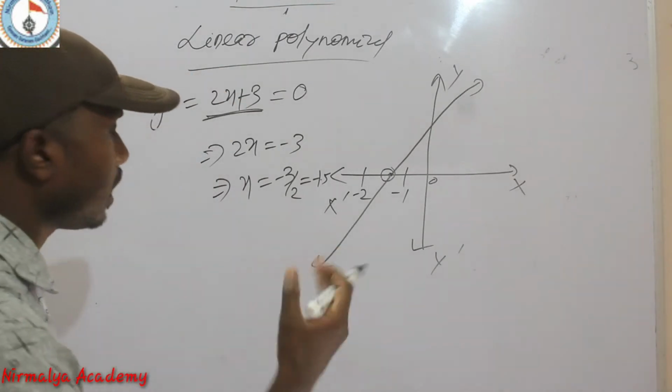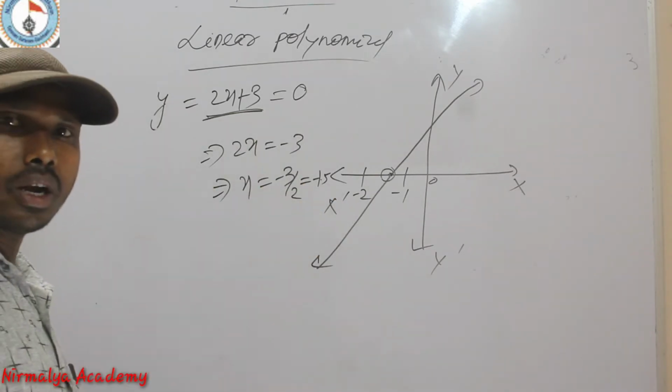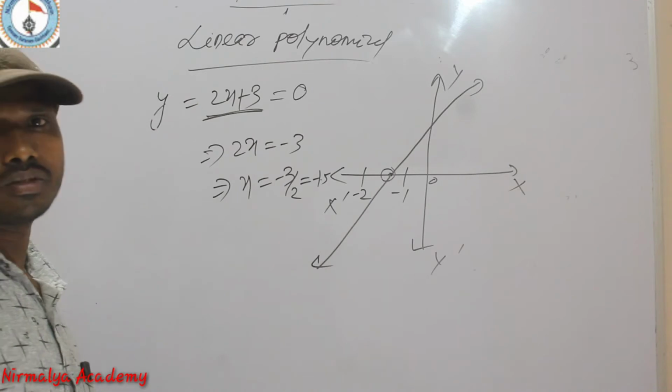So a linear polynomial has only one zero, and it is the point that lies on the x-axis.